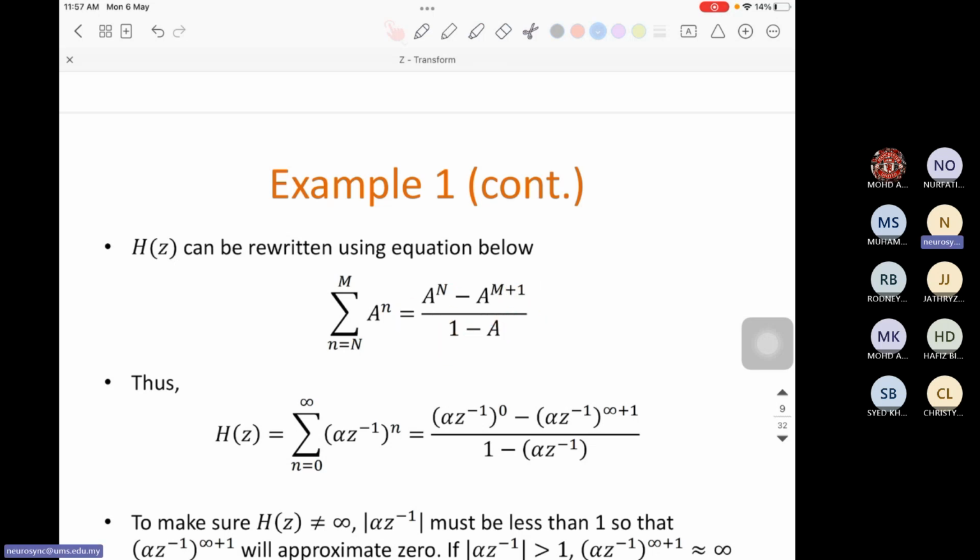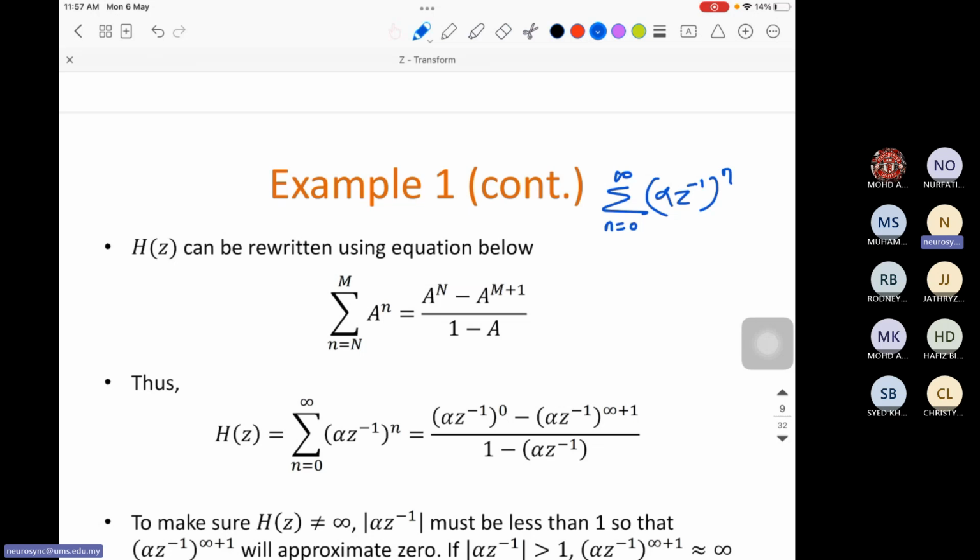If we apply the same formula for alpha z to the power minus 1, we are doing the summation from n equal to 0 to infinity of alpha z to the power minus 1, to the power n.